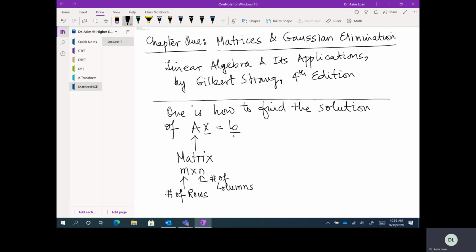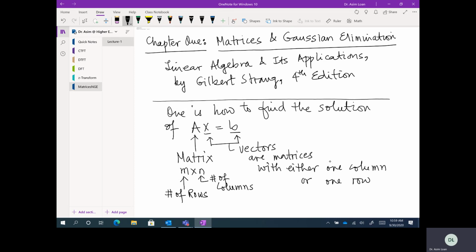Letters that are underlined are actually small letters, not capital letters. The underlined are vectors. Vectors are matrices with either one column or one row.